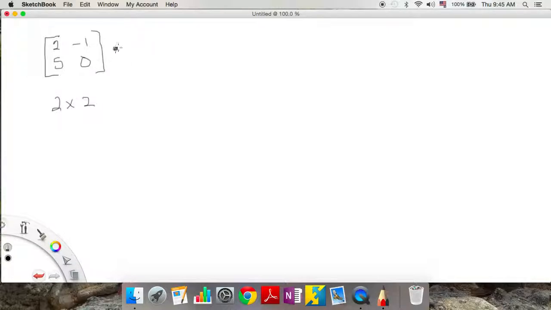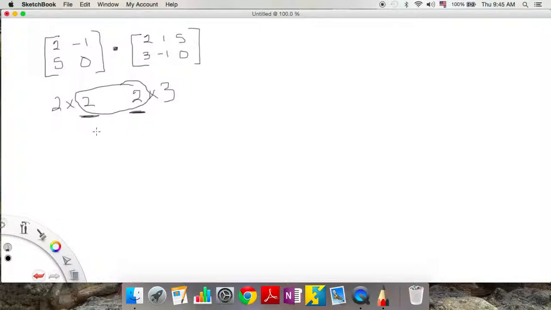If we want to multiply it by another matrix, then that matrix has to be 2 by something. The middle numbers, when you're lining them up, the middle numbers have to be the same. So we could multiply it by, say, a 2 by 3. And that would work. The middle numbers here have to be the same or you can't do that.